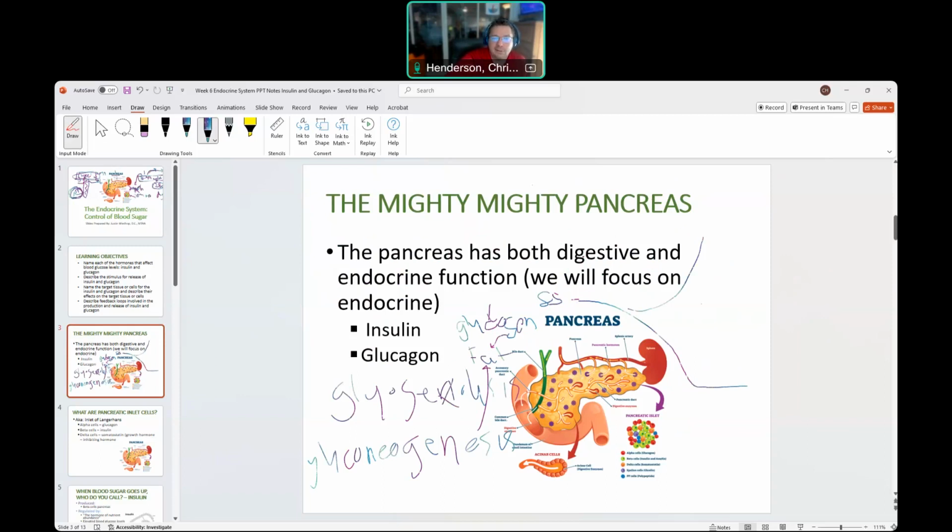What is the signal to our body that our blood sugar has gotten too low, to do glycogenolysis or gluconeogenesis? That is going to be the hormone glucagon.